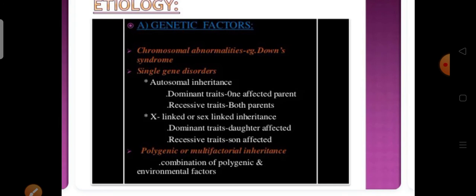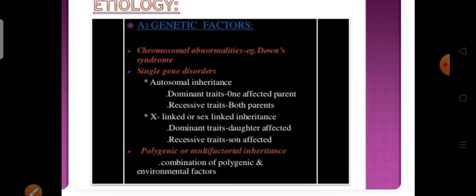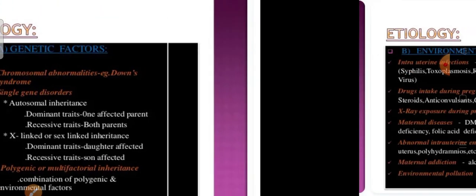Next, the recessive traits: if both parents have it, the baby is also affected. Next, X-linked or sex-linked inheritance. Dominant traits, daughter affected. Next, recessive traits, son affected. Next, polygenic and multifactorial inheritance: a combination of polygenic and environmental factors.